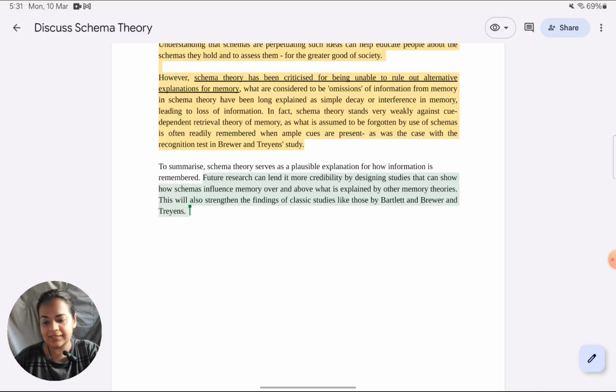For criterion C, use of research, the research evidence is relevant. Whatever arguments are being made, the research is supporting those arguments only. And the research studies are not repetitive, like both the studies are not supporting the same argument. So there it also gets a 6 out of 6. For criterion D, which is about critical thinking, all critical thinking is related to the larger theory.